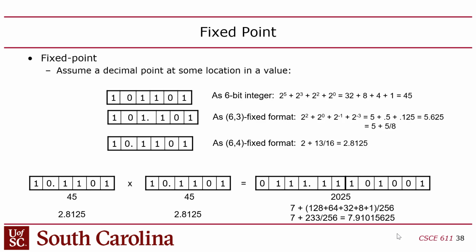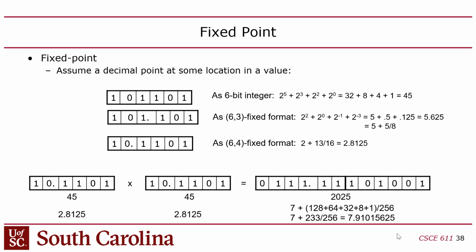So you're going to have to add the number of fractional bits that you had in both of your operands, and that's how many your product will have. If you multiply an integer by a fixed point number, the product will have the same number of fractional bits as the fixed point number, no problem, because the integer had 0 fractional bits. But if you have 2 numbers that are both in fixed point, like this one has 4 fractional bits and this one has 4 fractional bits, then the result will have 8 fractional bits. That's just how it works, right?